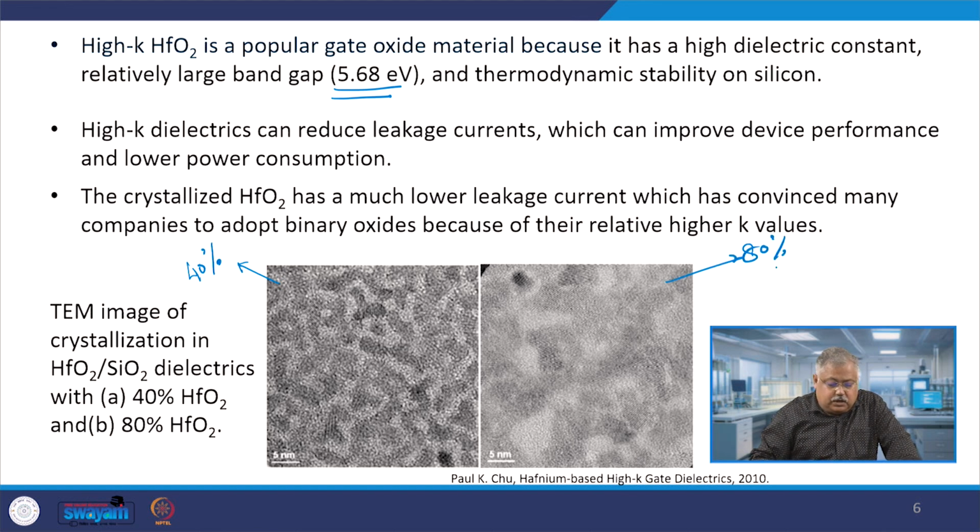So, this is a TEM image of the crystallization in a hafnium oxide silicon dioxide dielectric. It is a mixture of two types of material, hafnium oxide and silicon dioxide, and they are using 40% HfO2 and also 80% HfO2.